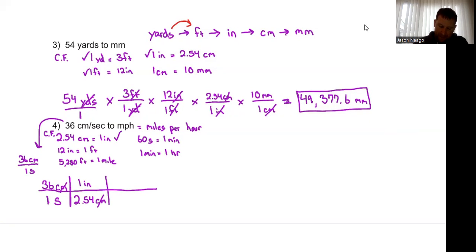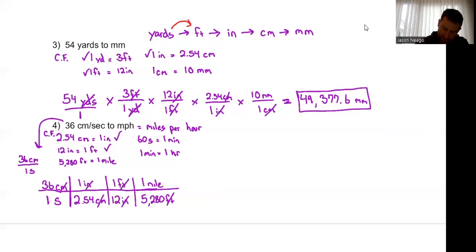Okay, I'm going to move down to my next one. I want to go from inches to feet. So I'm going to put 12 inches on the bottom and 1 foot on the top. Once again, inches and inches cancel because one's above the cancellation line and one's below. And last but not least, I'm going to have 5,280 feet in the denominator, below the cancellation line, and 1 mile on top.